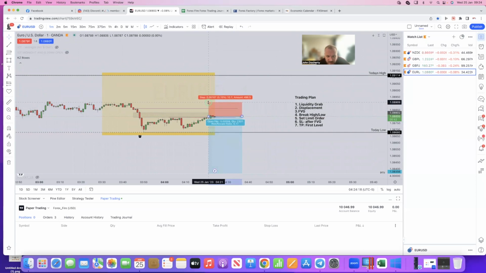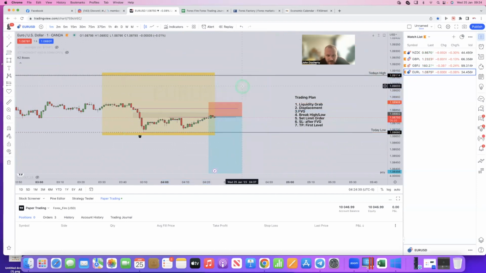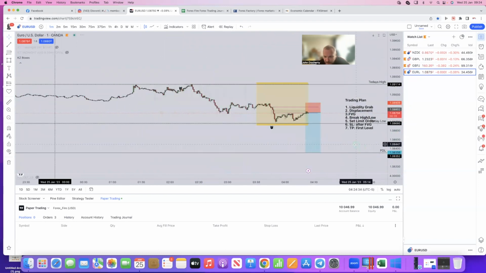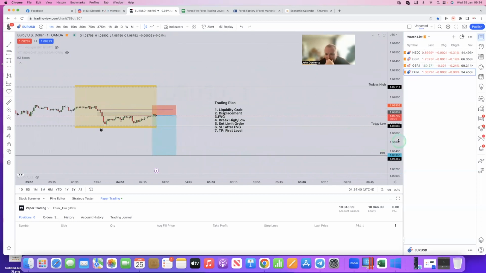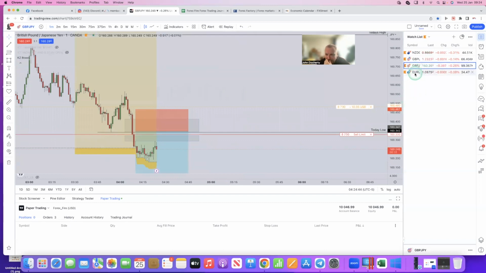Put this above here, 10 pip. Just want to see where we are with regards to today's low, today's high. 50% is a mean. And just delete that. I might enter this as a trade on a sell, to be fair. 10 pip or a 40 pip.